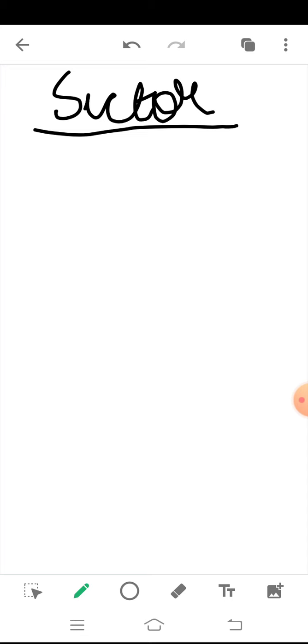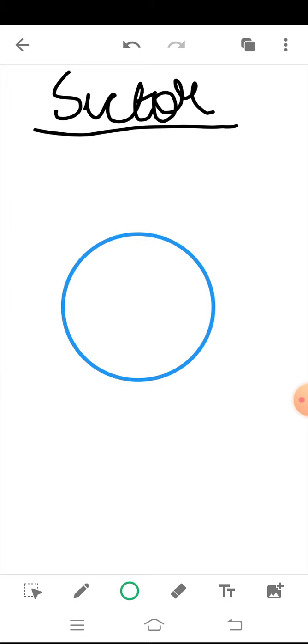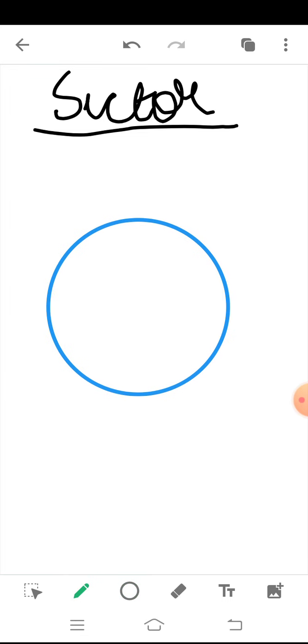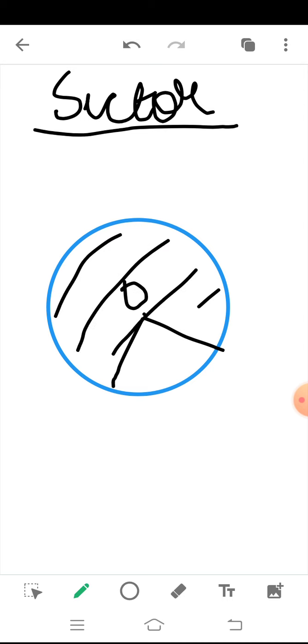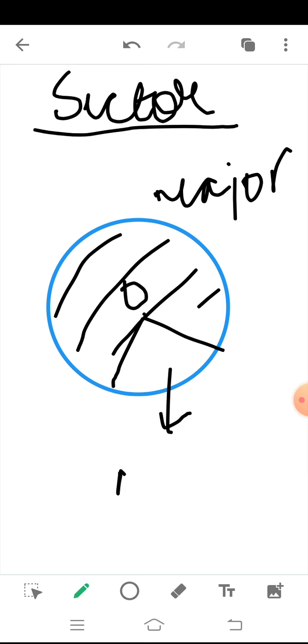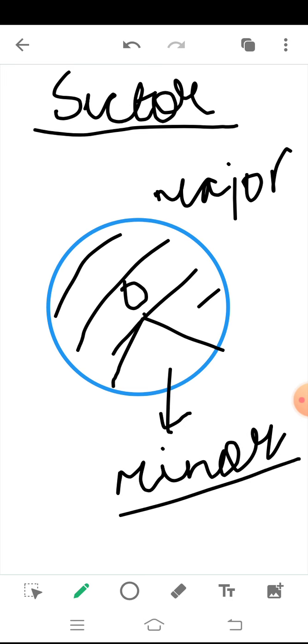There is also a major and minor, so you just have to remember it. This is point O. This part is known as major, and this part is known as minor, because it's very small. So I'm writing minor here, and this is known as major.